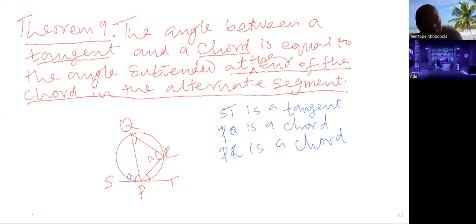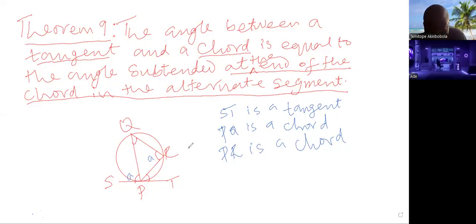So the chord that is making angle with the tangent here now is PQ. So it's making angle A. The alternate chord to this chord PQ is called PR. Therefore, at the end of chord PR, they're going to have angle here to be A. Am I communicating? Yes, sir.